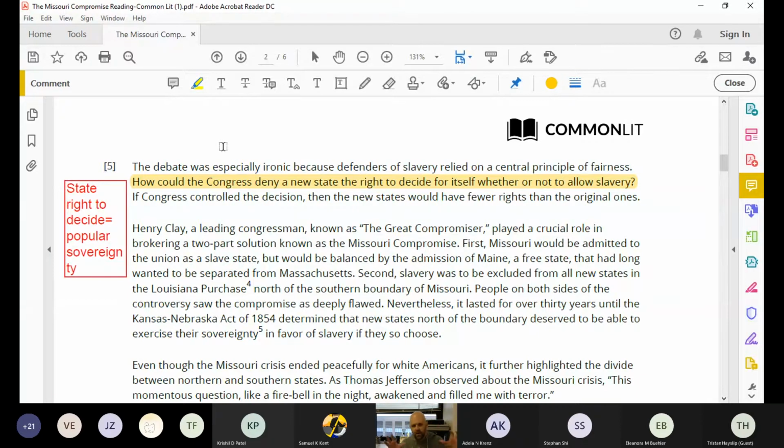Everything is rooted and is associated with slavery, but it's very much about, is the federal government going to overstep its authority, according to a slave owner in the South, and take away my right to my property? And that ultimately is what happens to lead to the Civil War. Because when Abraham Lincoln's elected in 1860, the South sees Lincoln as someone who will eventually come in and say, slavery no more in Alabama, slavery no more in Arkansas, slavery no more in North Carolina.